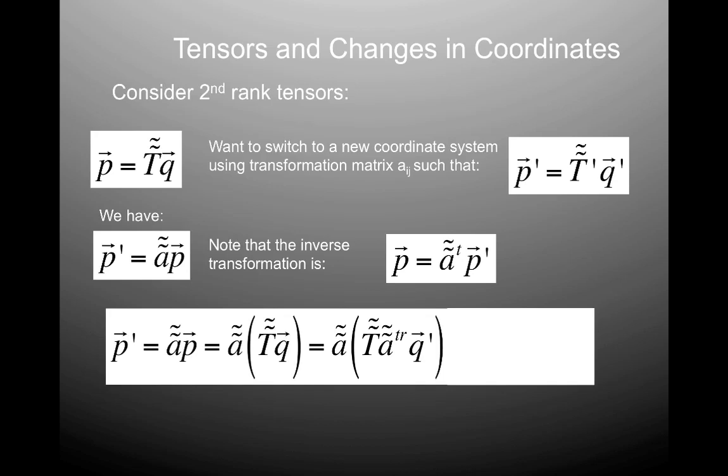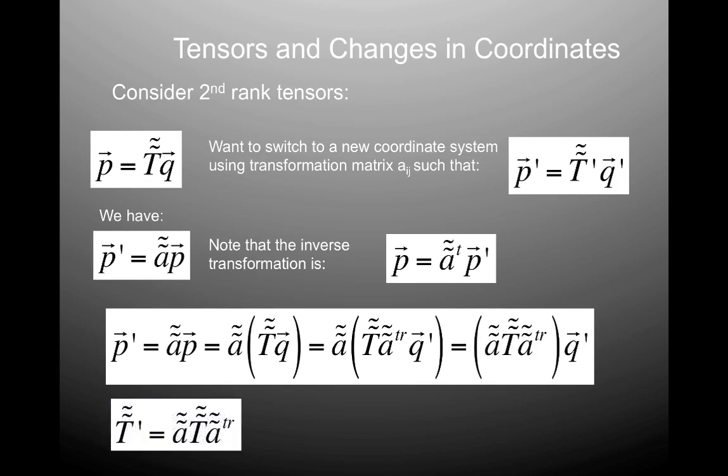We rearrange the parentheses, and that gives us a quantity in front of q prime that multiplies q prime. So that quantity in front is now the new t prime matrix. And since this is a tensor, it's a t prime tensor. So t prime is given by the matrix multiplications of A times t times A transpose.